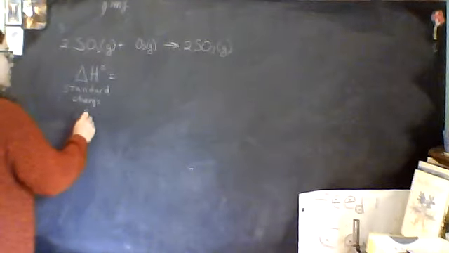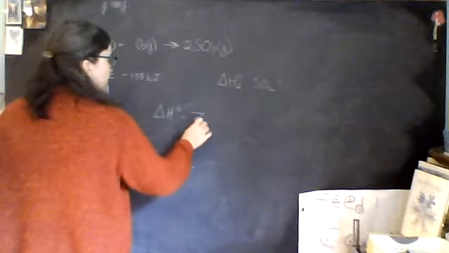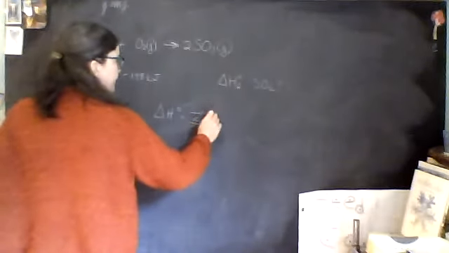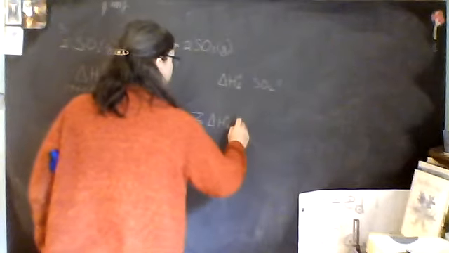Okay, so how do we calculate the standard change in enthalpy? It equals the summation of the standard enthalpy of formation of the products minus the summation of the standard enthalpy of formation of the reactants.